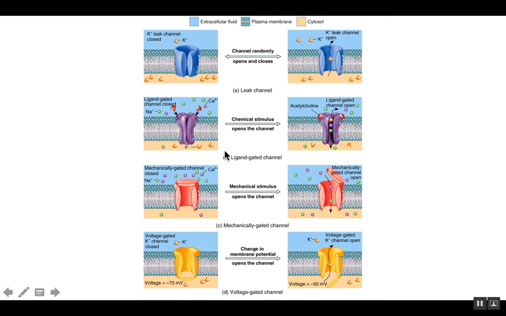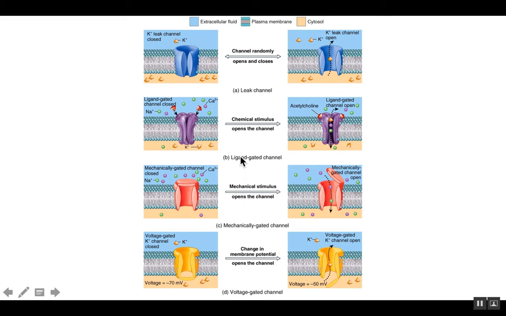Panels B, C, and D are all types of gated channels, which require a stimulus to open the gate, if you will. But depending on the type of stimulus, there are three categories of gated channels. There are ligand gated channels, mechanically gated channels, and voltage gated channels.